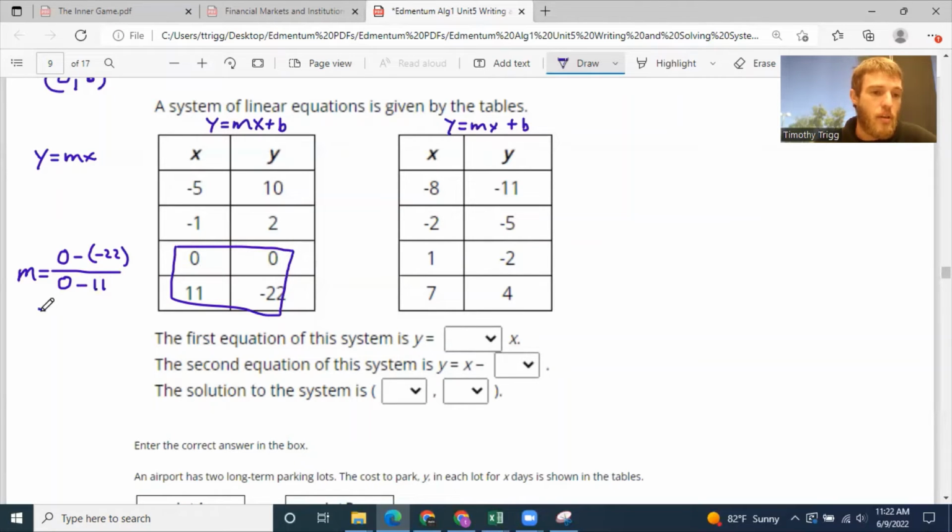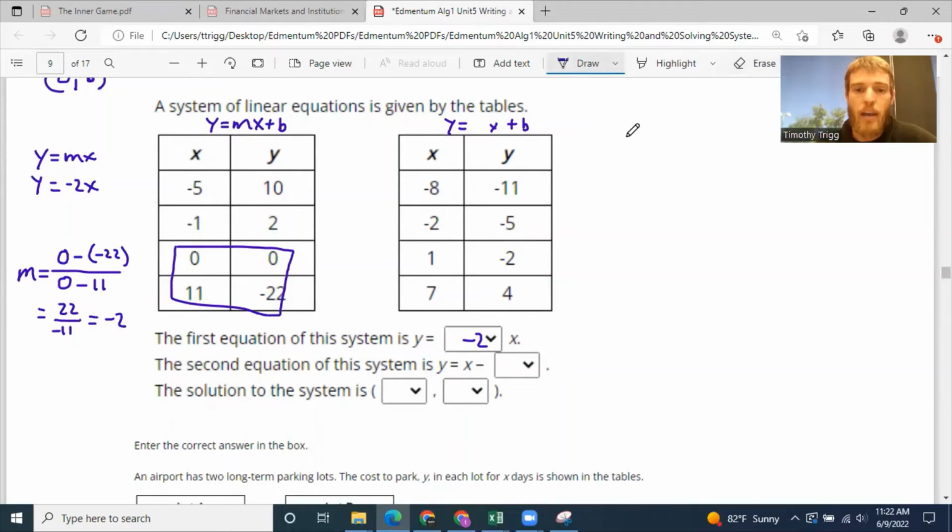So that gives us this double negative on the 22, which makes it positive. Then we have a negative 11 here, giving us that the slope is negative 2. So we know that for this first equation, it'll be y equals negative 2x. So it'll be a negative 2 here. The second equation is x minus, so they already told you the slope is 1, basically.